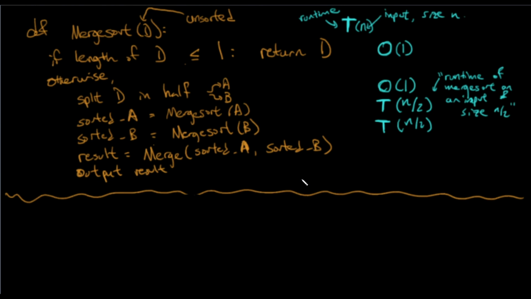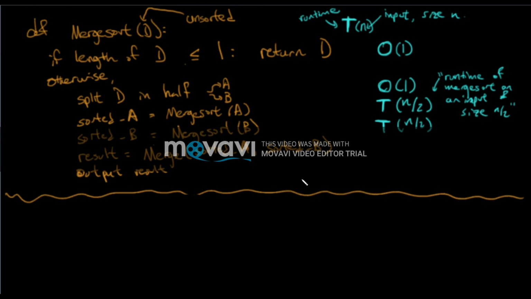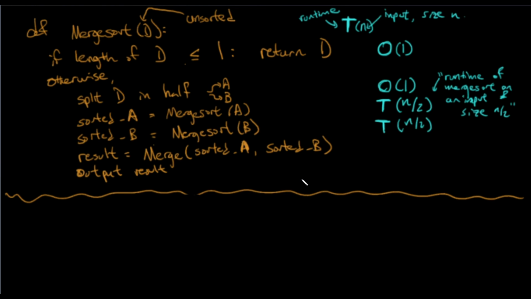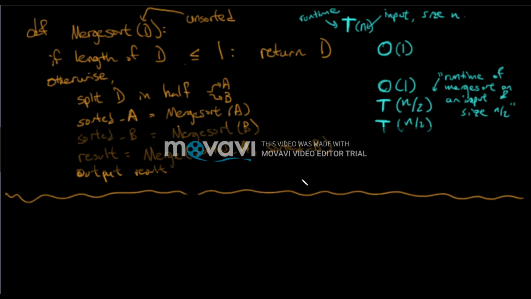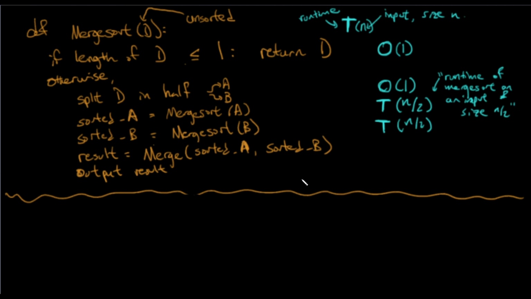Another way to think about it is that we're iterating through both arrays. You can look back at the code that we wrote for merge and confirm this. At the end, we're going to have iterated through each array exactly as many times as their sizes.